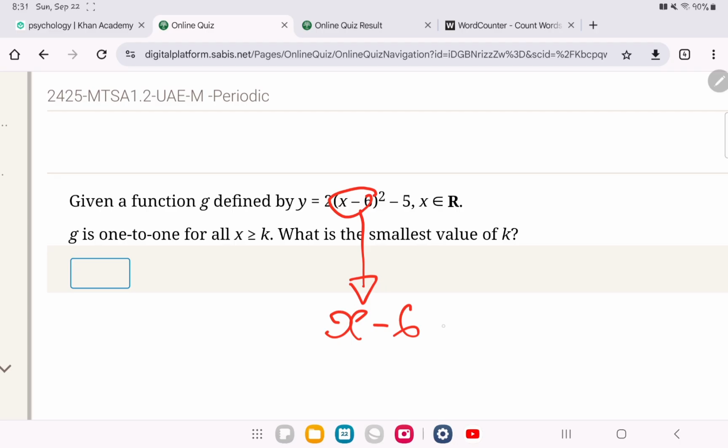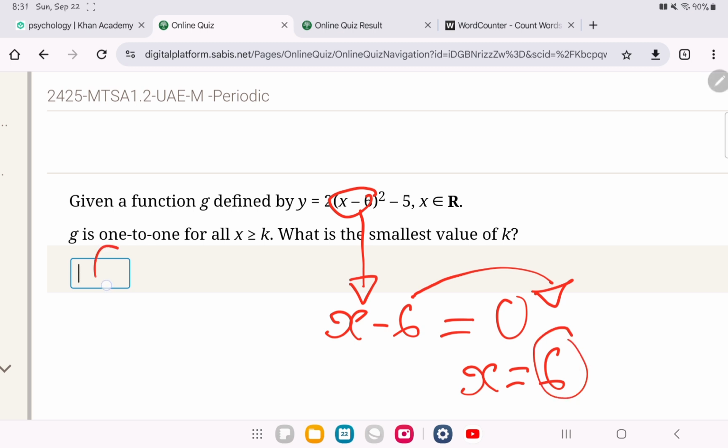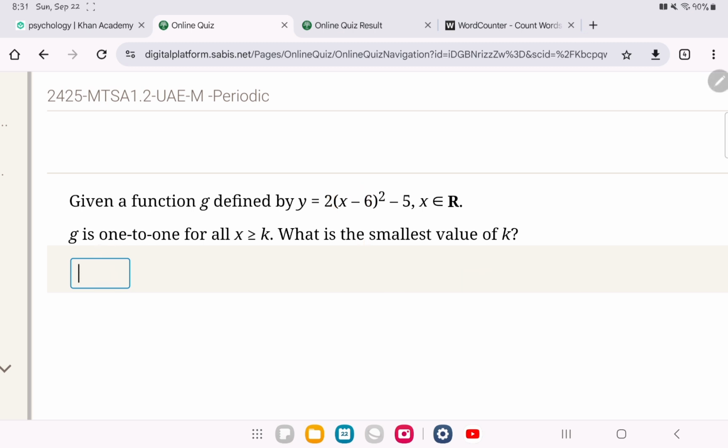You just take the x minus 6 and make it equal to 0. Then you bring 6 to the other side, and you have x equal to 6, not to k. So we get that the value over here is 6. This is one way of solving it.